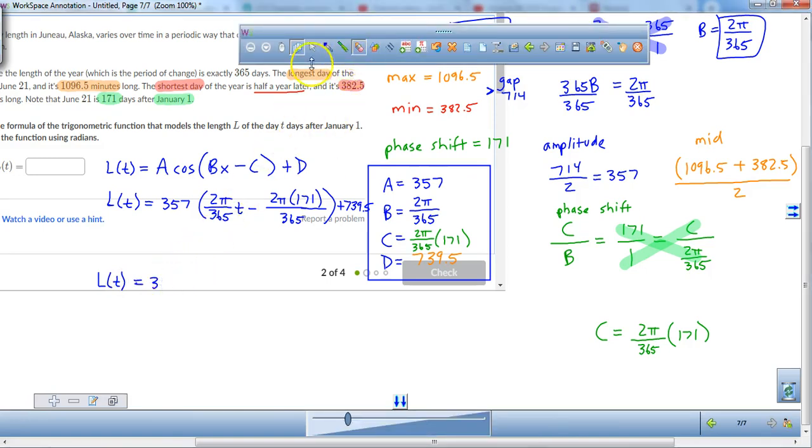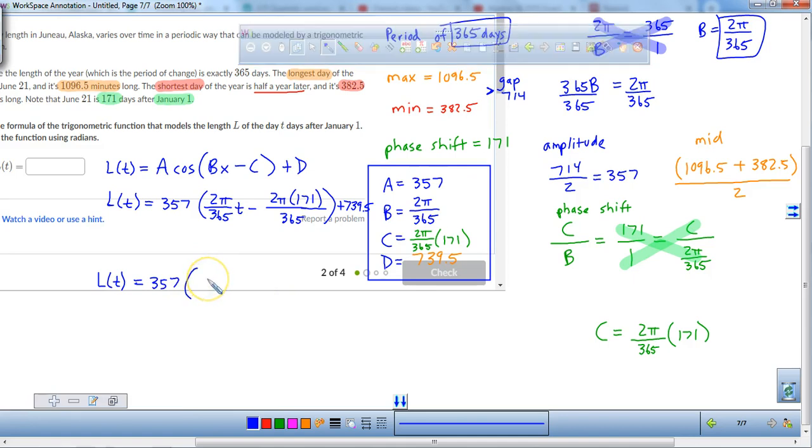This is going to hopefully make a lot more sense once I get this done. You can see how the final answer is created, and then you'll know what to do if you get one that's similar to this on your own. All right, so I am going to create a little fraction right here, and I'm going to put 365 in the denominator because they both have 365 in the denominator. I'm going to put 2 pi right here.